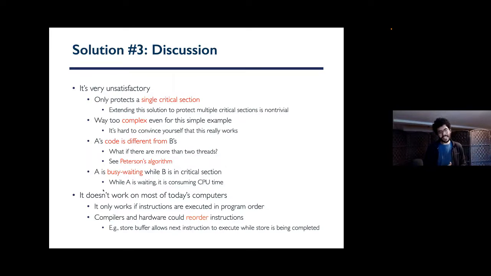The hardware is going to say, I think I can run your code faster if I reorder your instructions, not knowing what those instructions are, and that could cause problems. I will talk about the reordering a little bit more, but the bottom line is this works in ideal situations where your hardware and compiler are not going to reorder your instructions. The moment instructions are allowed to be reordered by the compiler or the hardware, this doesn't work and it will be broken. You will end up allowing two threads in the critical section.